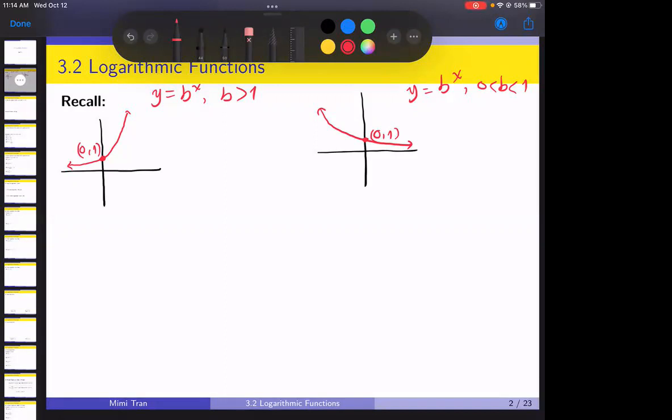Once you have the graph, you use a horizontal line test. You draw any horizontal line at all, an arbitrary one. The number of intersections is at most what? At most 1, then it means that it is a function. So yay, good news, a function.